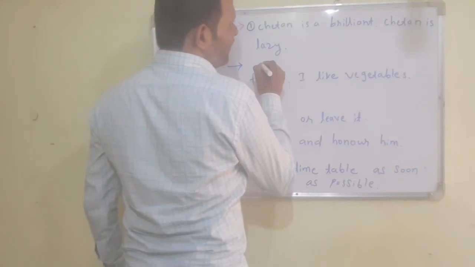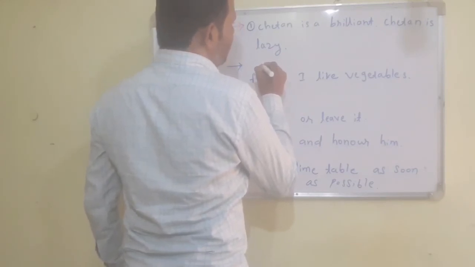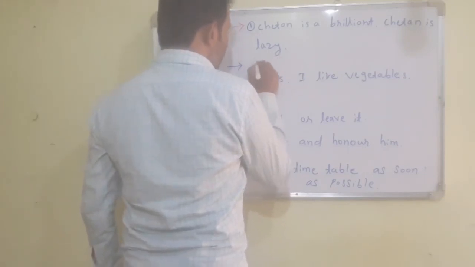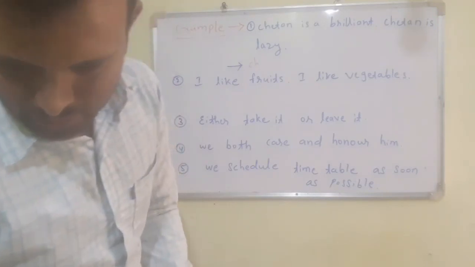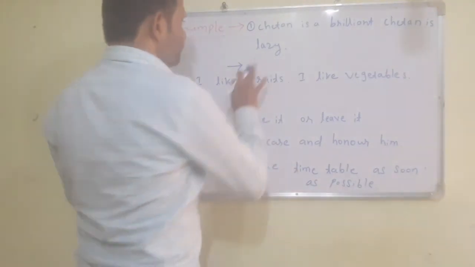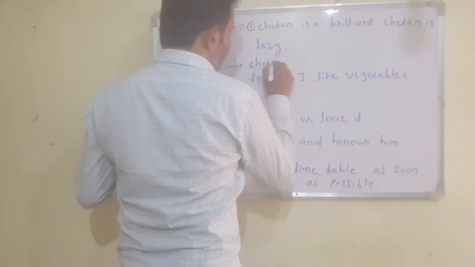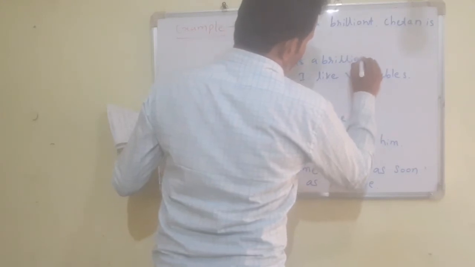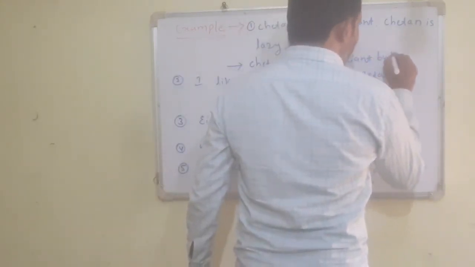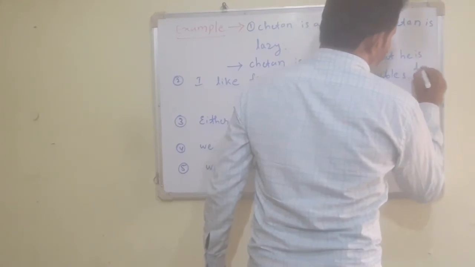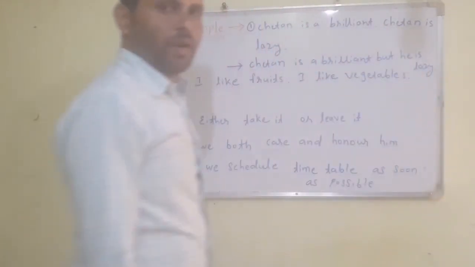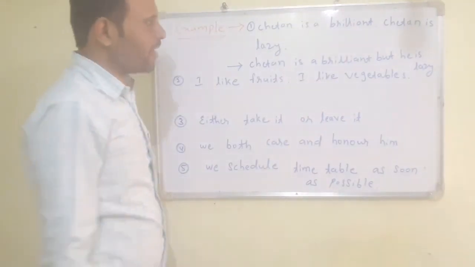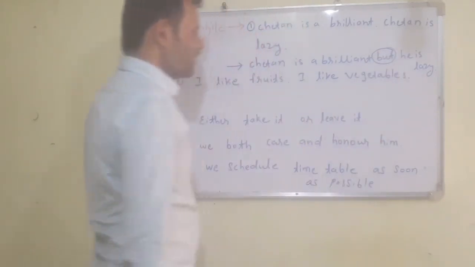Chetan is brilliant, but he is lazy. Here we have joined the two sentences with the help of but. This is a conjunction.